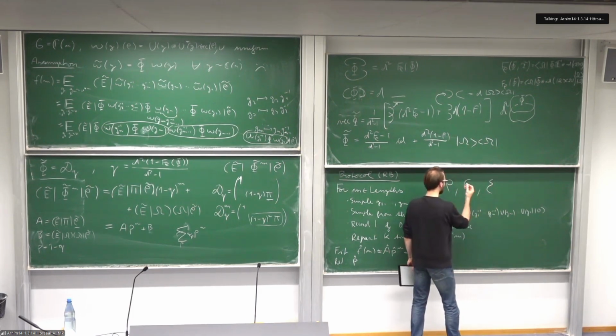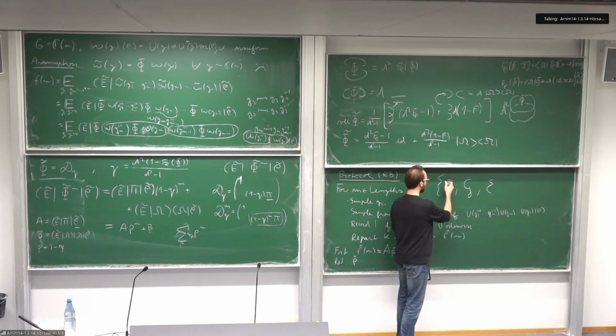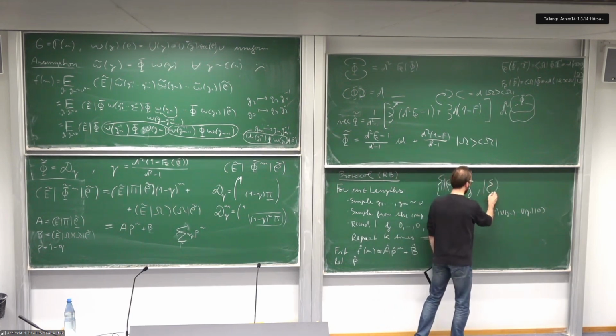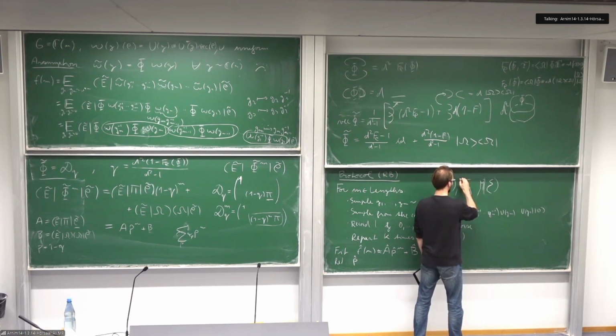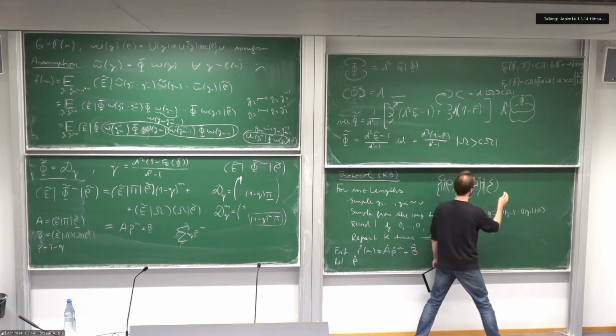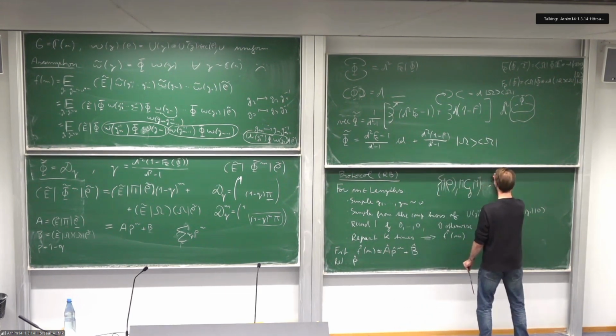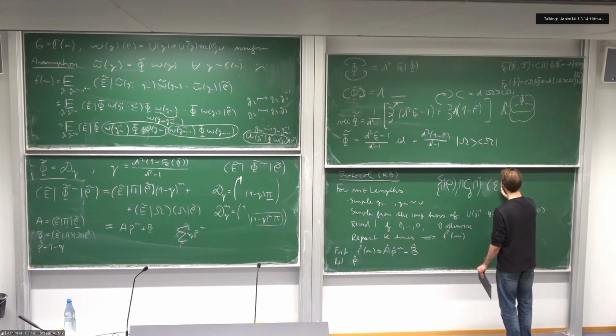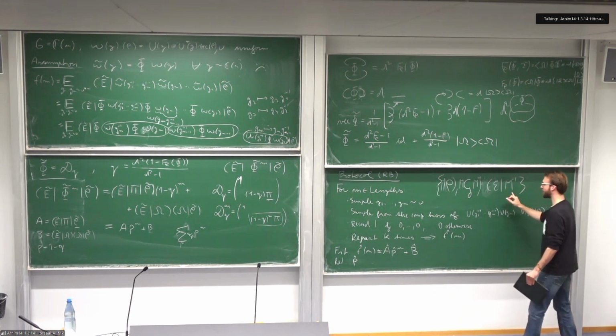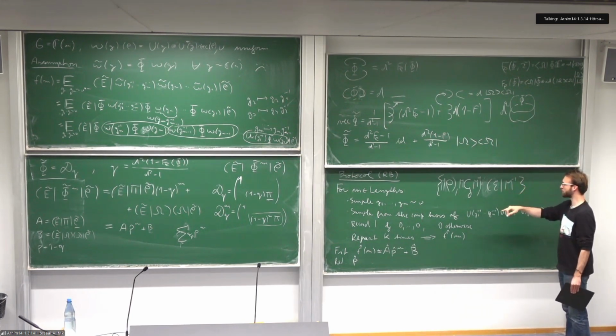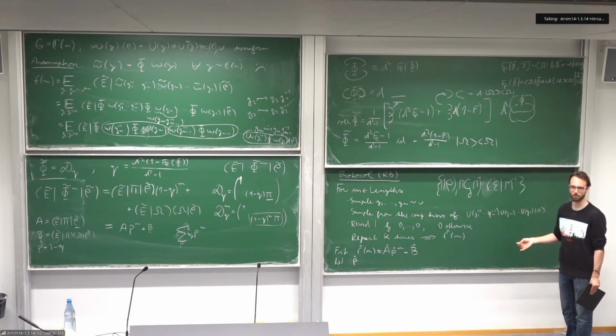And I can imagine inserting a matrix here, let's just consider the vectorized, a matrix here, a matrix here, and a matrix here, like this. And all experiments that I can do with this quantum computer will have exactly the same solutions as the previous one.